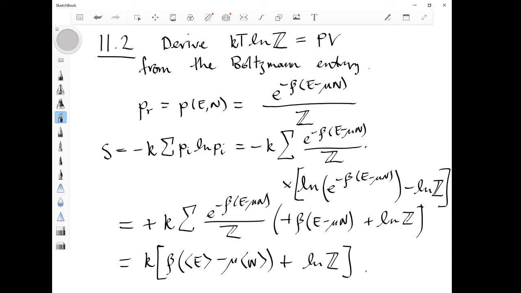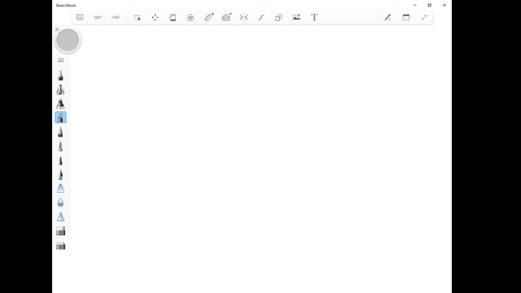And so now that we have that, we realize that we can rearrange this to be minus kT log Z is equal to E minus TS minus mu n.